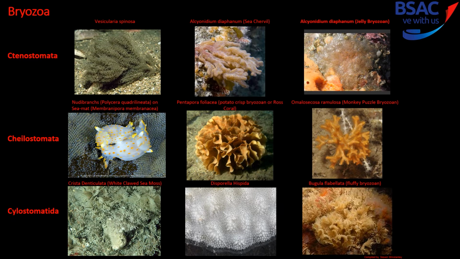Most erect cyclostomes develop bushy colonies with narrow forking branches. Bryozoa and hydroids can be easily mistaken on the seabed amongst other animals, and when we have this unidentified mixture of animals, we call this mixed turf.